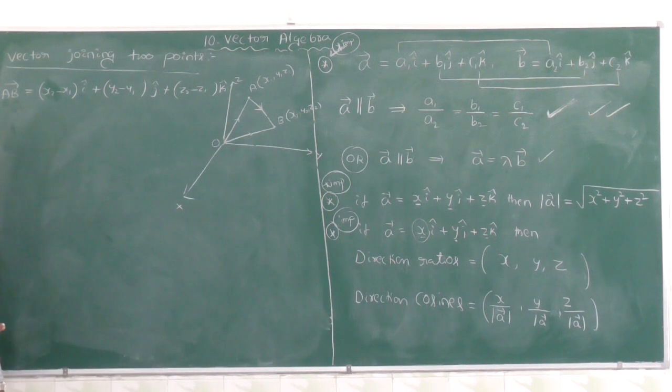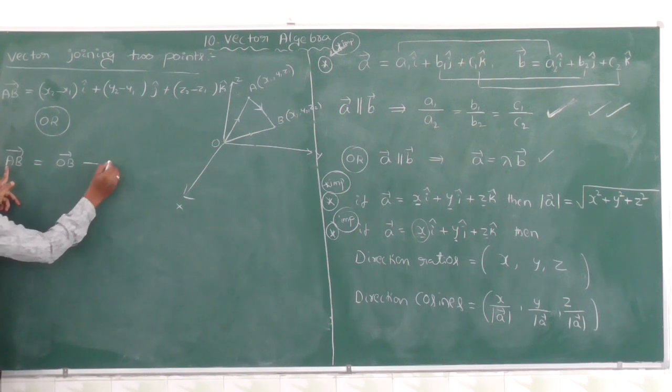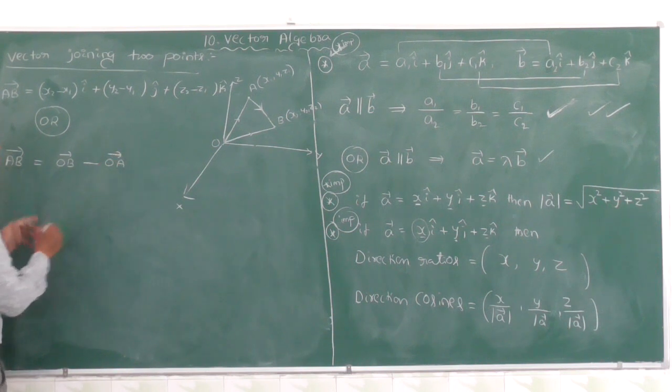How to find the vector joining 2 points by the alternative method? AB vector equals B minus A: the position vector of the point B with respect to the origin minus the position vector of the point A with respect to the origin. OB vector minus OA vector.